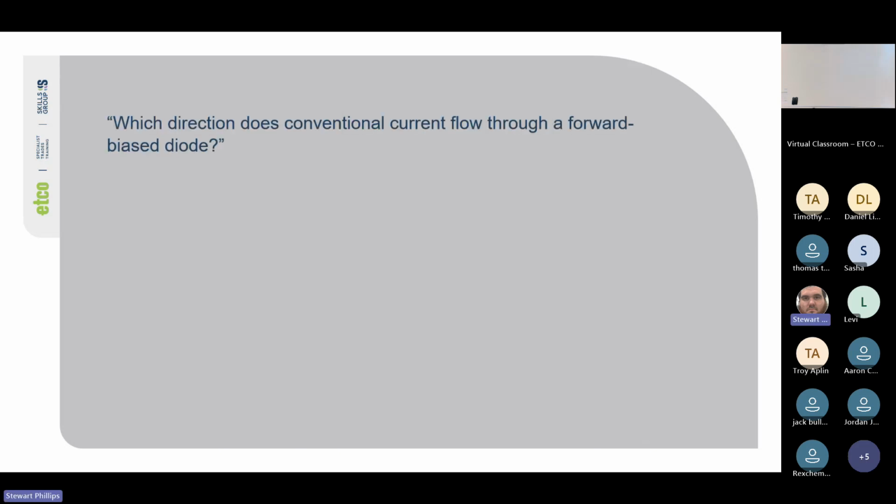Cool. So which direction does conventional current flow through a forward-biased diode? So in the diode, which direction does conventional current flow?